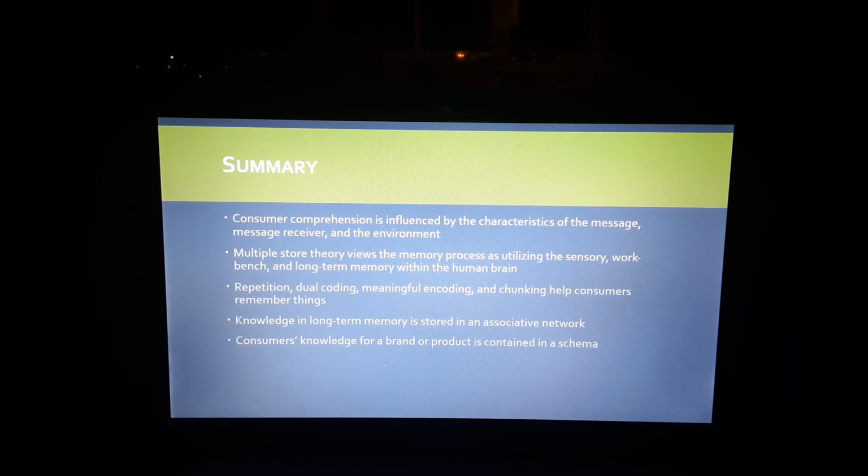Knowledge and long-term memory is often stored in an associative network. So we have almost like triggers. We categorize things together, things we can afford, things we can't afford, things we enjoy, things we don't enjoy. And consumers' knowledge for a brand is contained in a schema or a story. Like consumers' knowledge is a part of a larger story.